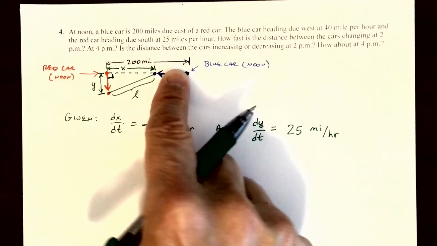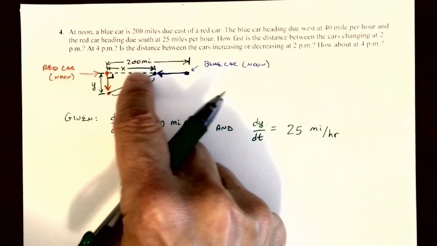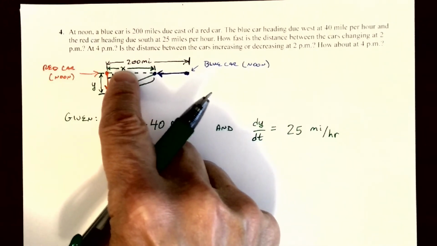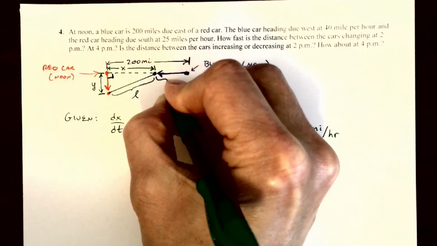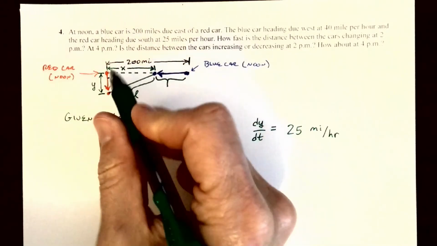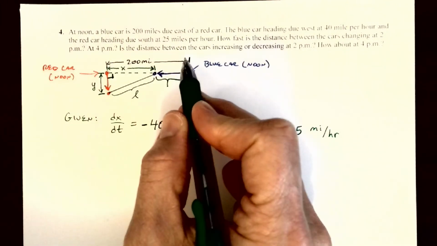Now, the question is, what would this length be then that we're talking about here if this is x? Well, we've got the same sort of problem, because if x is this length, what would the distance the blue car traveled be? Well, if you think about it, the total distance from the blue car to where the red car was at noon is 200 miles.